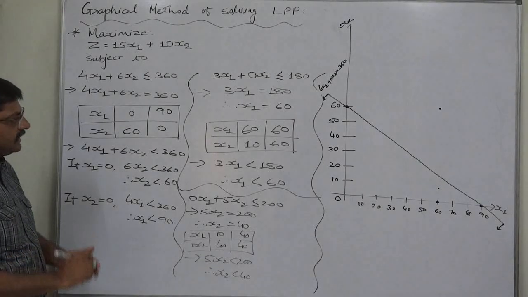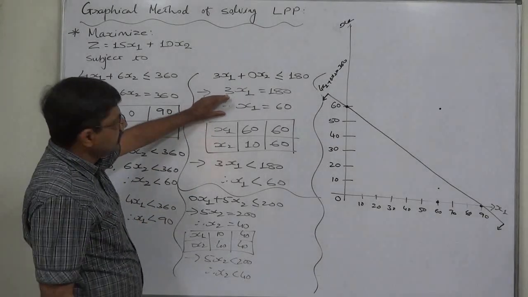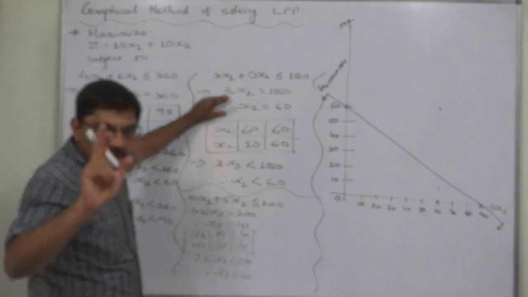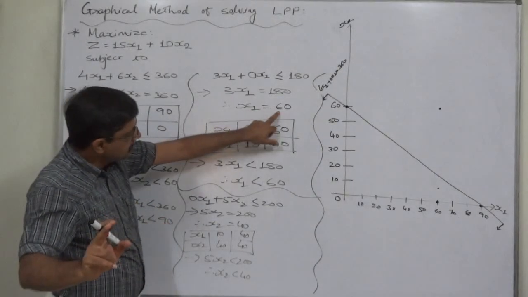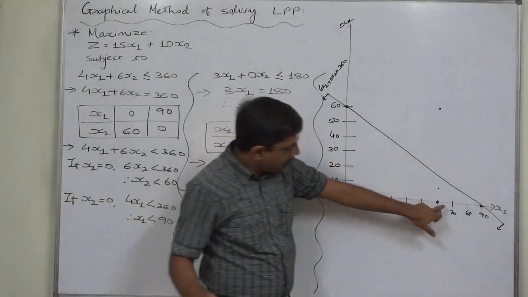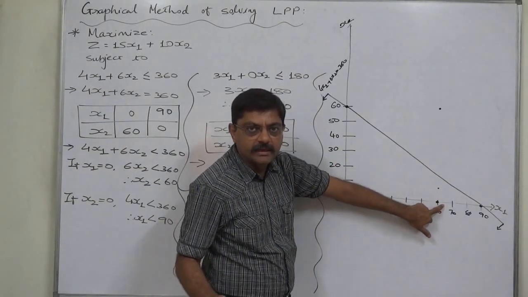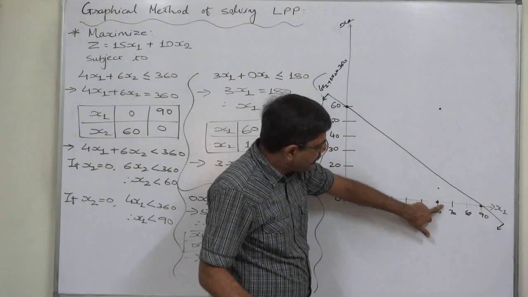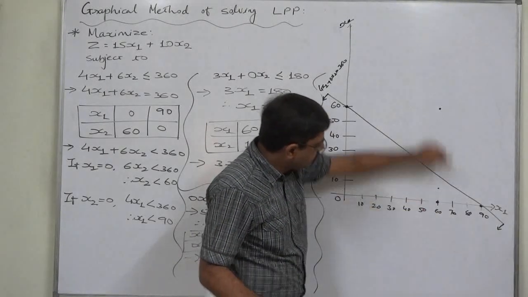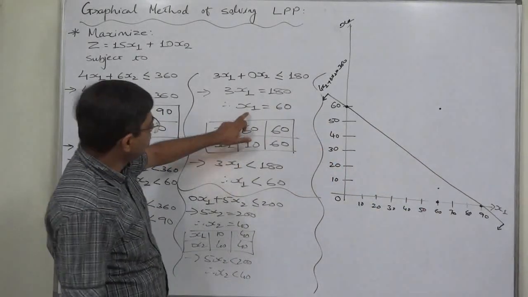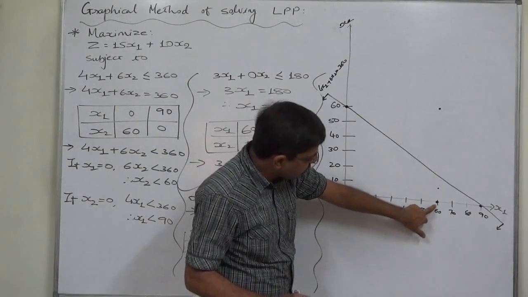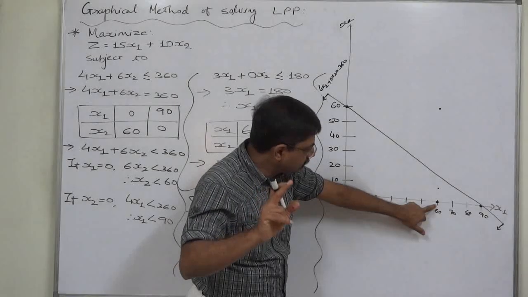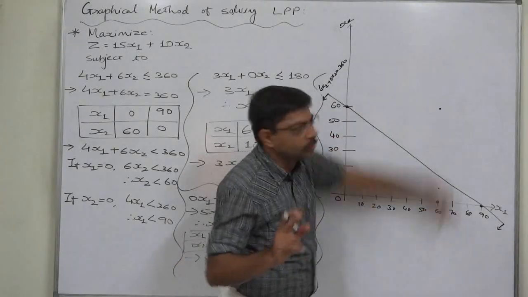But the other thing is, if the equation has only one variable, then take its value on the axis of that variable and draw a line passing through that point parallel to the other variable. Here it is x1 equals 60, the line will pass through x1 equals 60 parallel to x2.